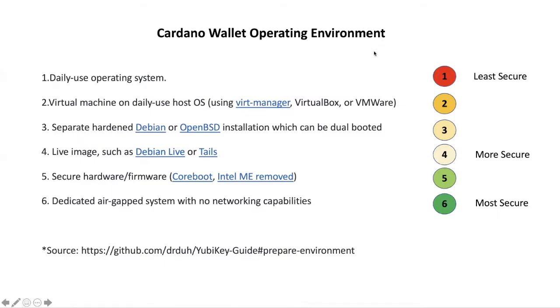And what they have listed is the least secure modality is your daily use operating system. In other words, if you run Daedalus directly on your Windows or Mac OS that natively runs on your laptop or desktop, that environment is the most likely environment to get compromised because, for example, if you have a laptop, you're taking that laptop different places, connected to different networks, you're visiting different websites, you're reading email.